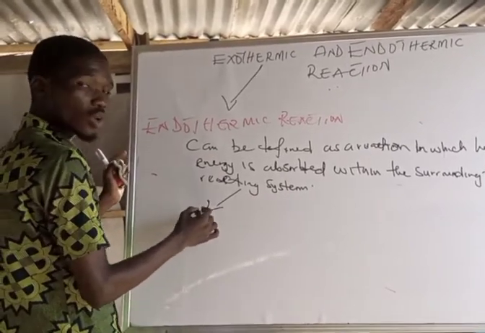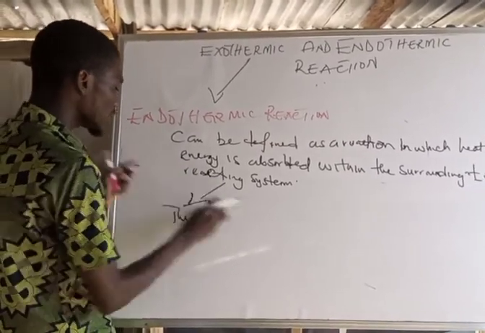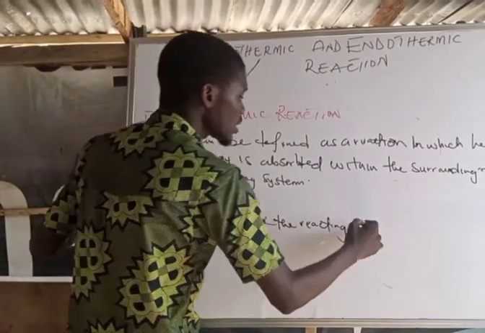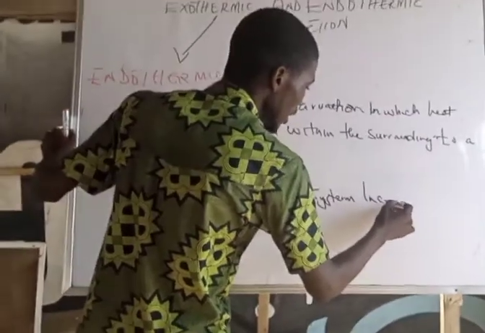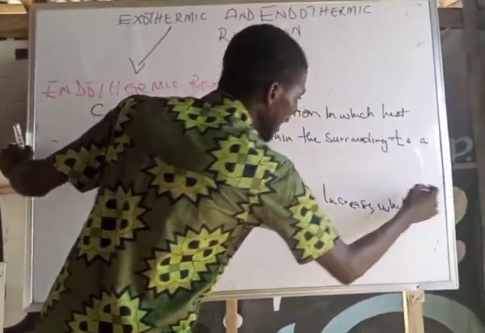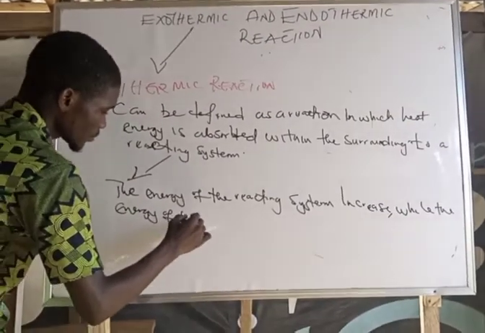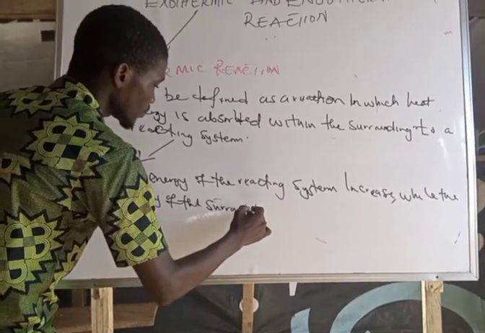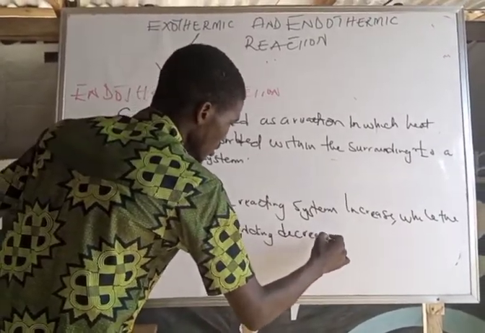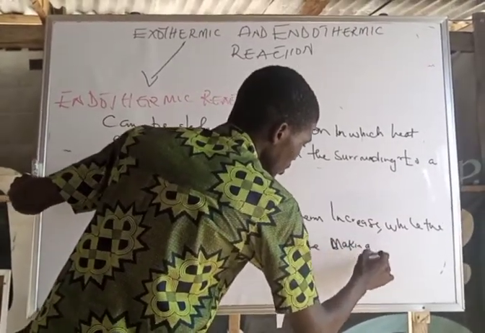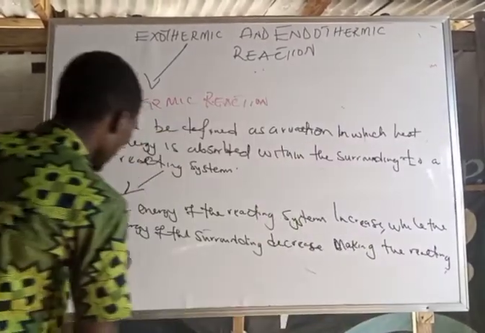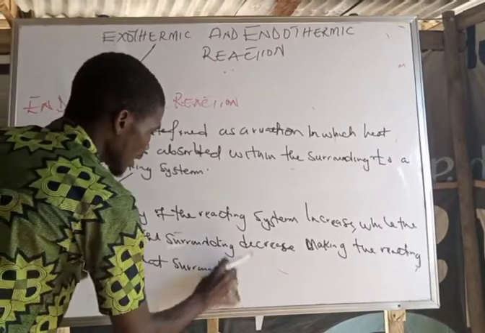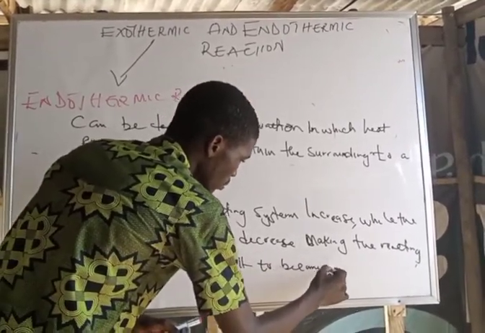Here under the endo, the energy of the reacting system increases while the energy of the surrounding decreases, making the reacting system and what surrounds it become cooler.